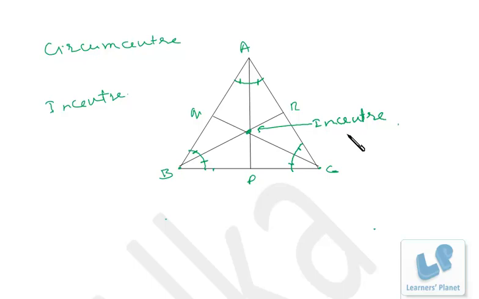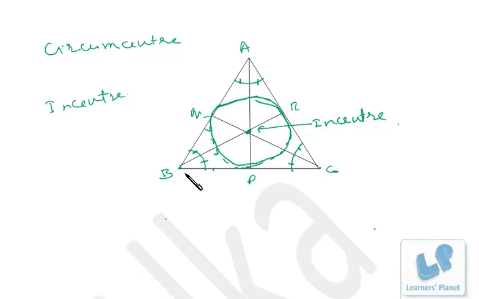So the concurrence point of angle bisectors is known as the incenter, and keeping this as the center, we can draw a circle that will be inscribed in this triangle, right? You can see this circle is inscribed in this triangle, and all three sides of this triangle work as tangents to this circle.